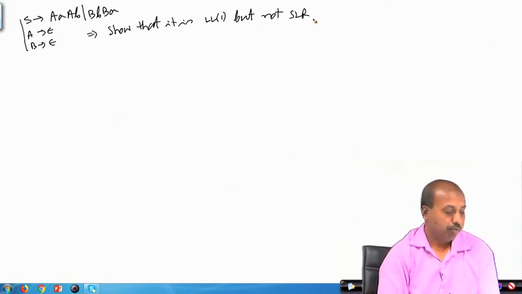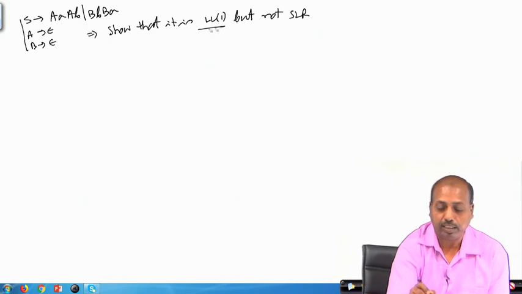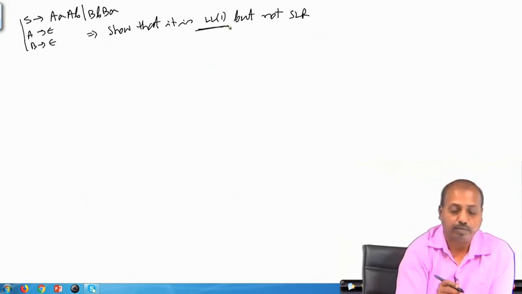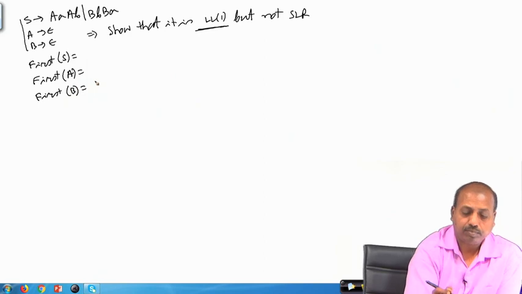Okay. So, for solving this problem, first we try to show that this is LL1. For showing LL1, we have to construct the first and follow sets. So, we first construct the first of S, first of A and first of B. Okay.